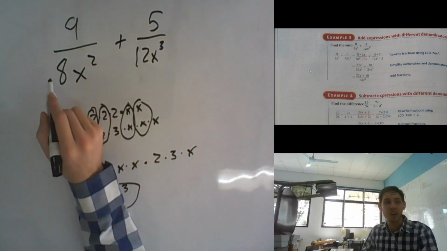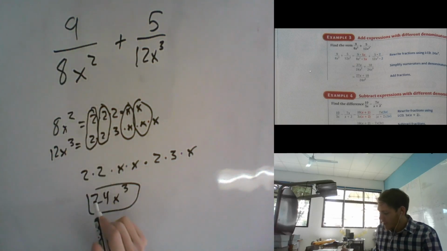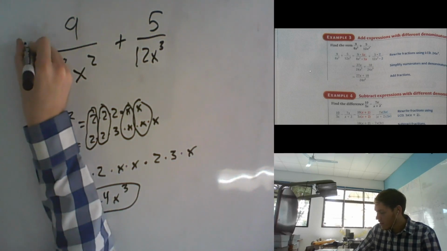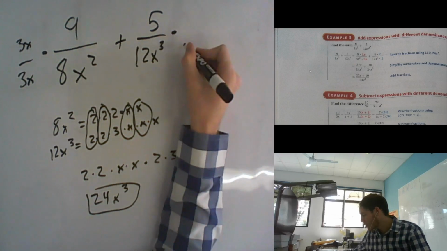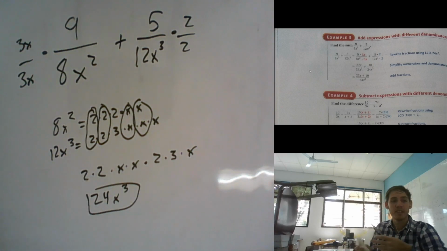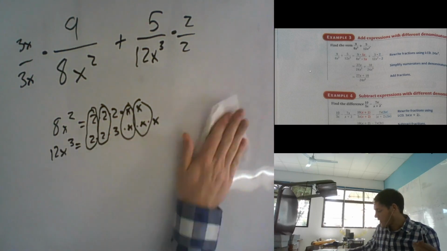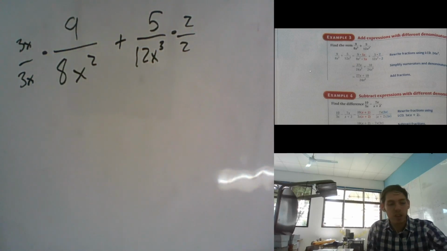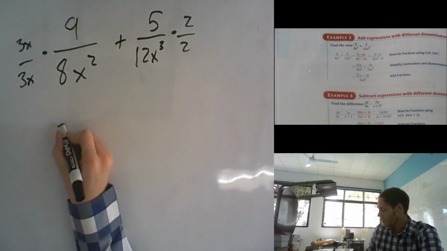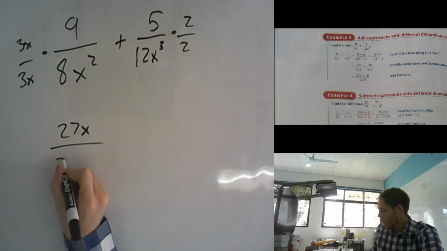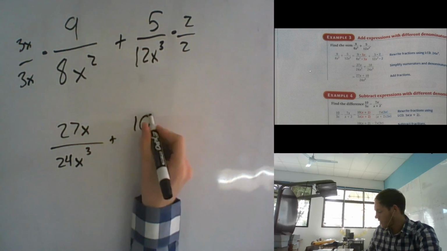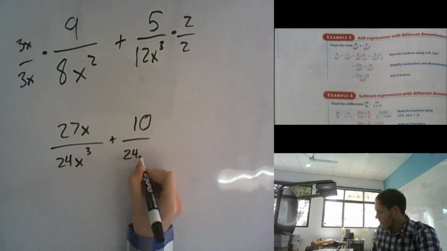Now, we need to figure out what each fraction needs to multiply by to get into this. The first needs to multiply by 3x. And what does the second need to multiply by? It needs to multiply by 2. So to find your least common denominator, you find out how each thing multiplies into it. Then you multiply the top and bottom by that part. So 3x times 9 is 27x over 24x cubed, plus 5 times 2 is 10 over 24x cubed.